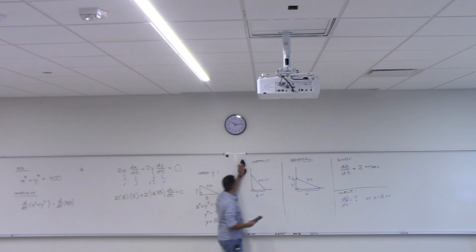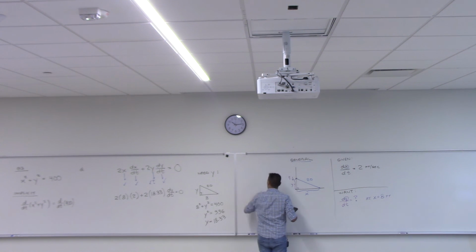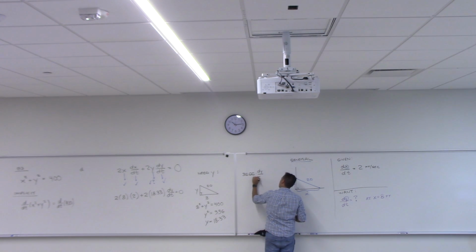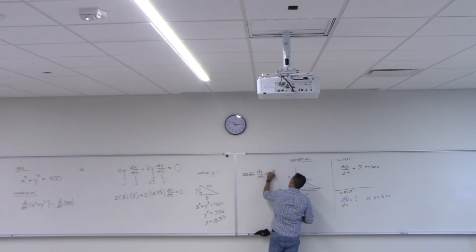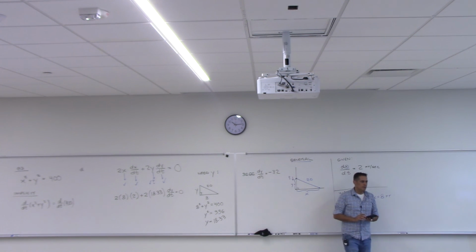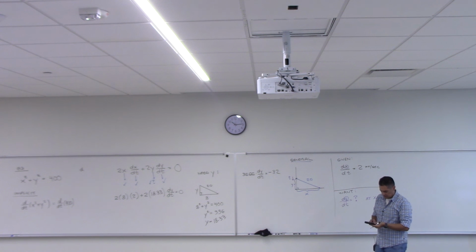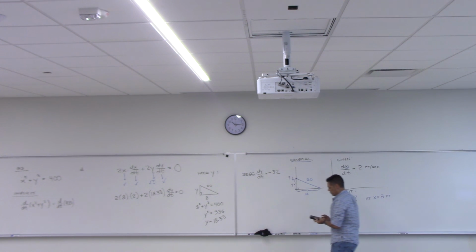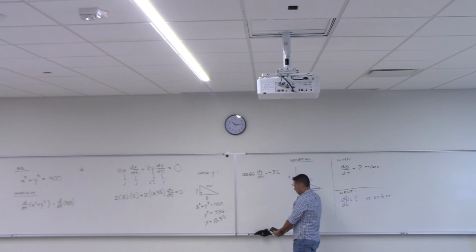So where am I here? I'm going to erase this. So we have 36.66 times dy/dt equals negative 32. And now divide both sides by 36.66. And you get, what, 0.872, something like that?